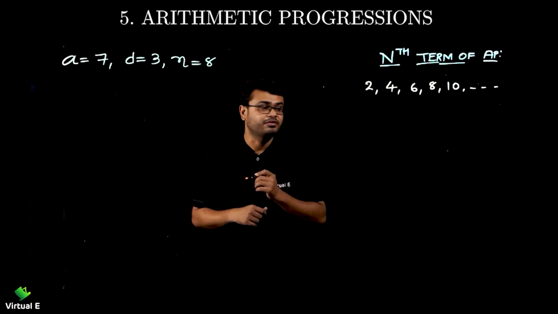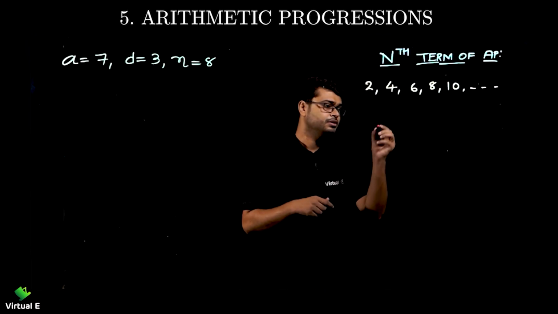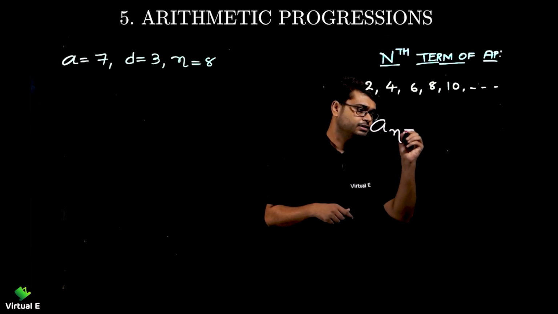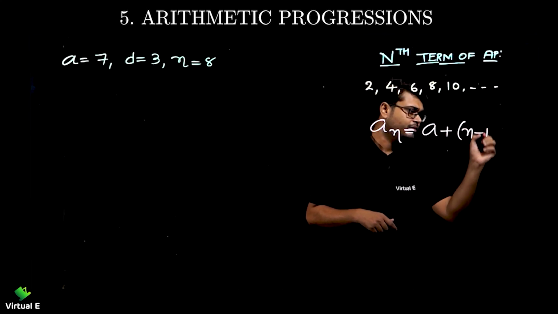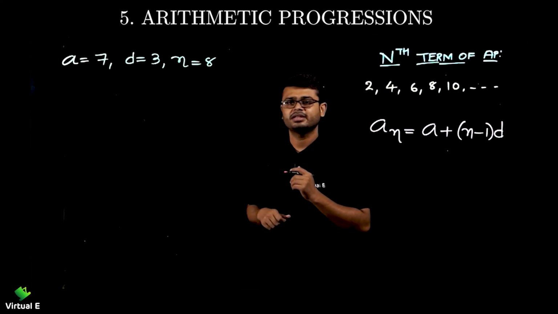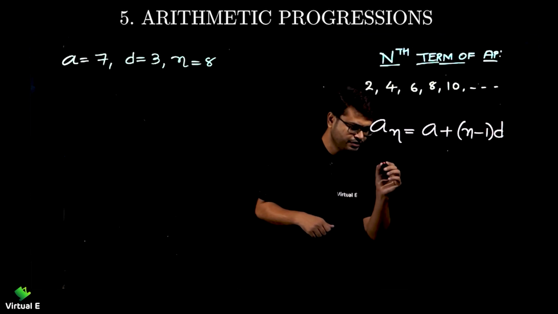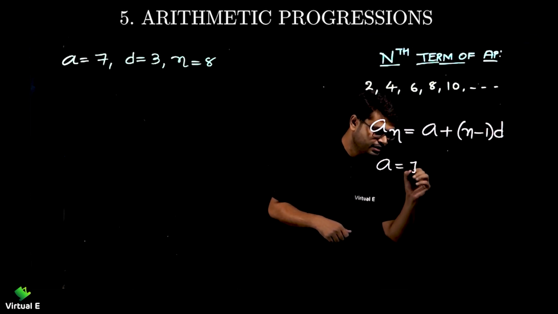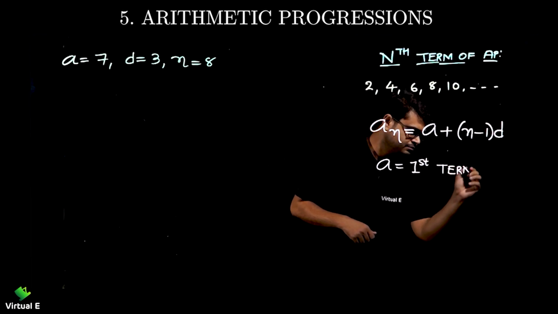Now what is the formula for that? The formula is an is equal to a plus (n minus 1) into d. Now you must be thinking there are so many terms here. a we know very well, it is the first term. So a is equal to first term.